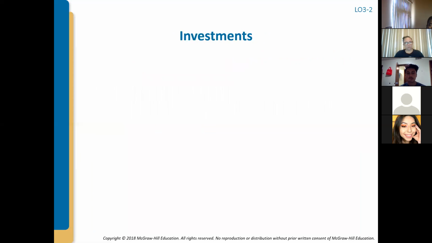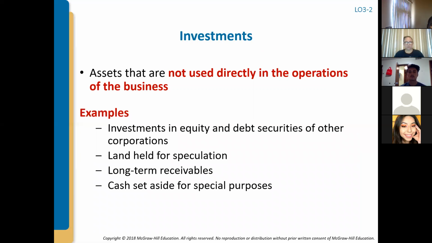Those are long-term assets. Then investments: assets that are not used directly in the operations of the business, such as investments in equity, land held for speculation, long-term receivables, and cash set aside for special purposes. Sometimes we need to have some reserve cash.